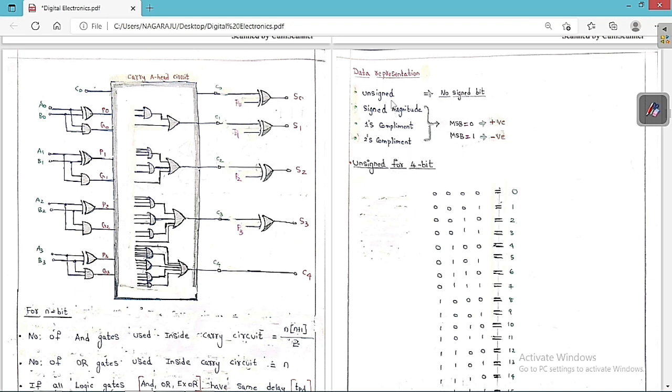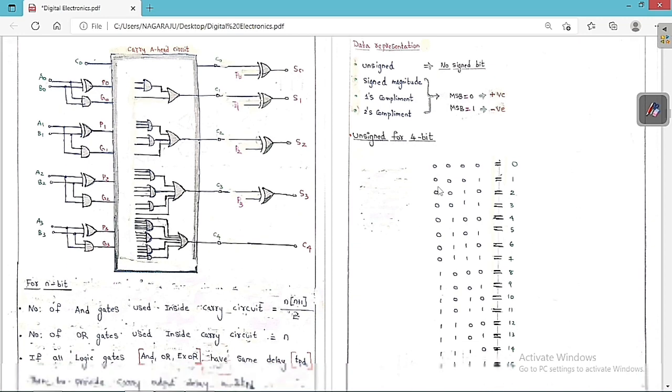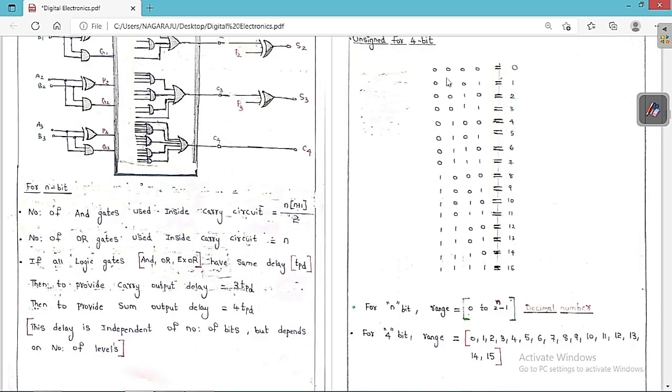We are going to study one after the other. The first case is unsigned for 4-bit. You can see clearly the unsigned representation for 4-bit. With 4 bits we get 2 to the power of 4, that is 16 combinations. 16 by 2 is 8, so the first 8 are from 0 and the next 8 are from 1.